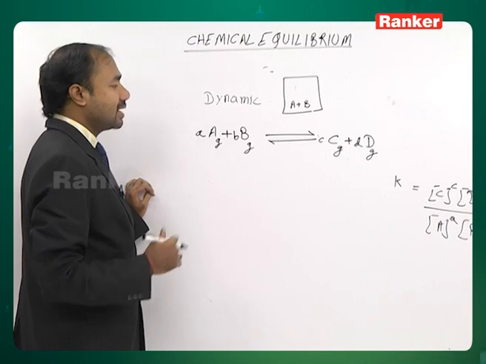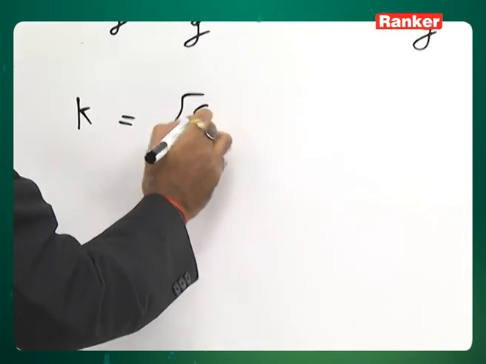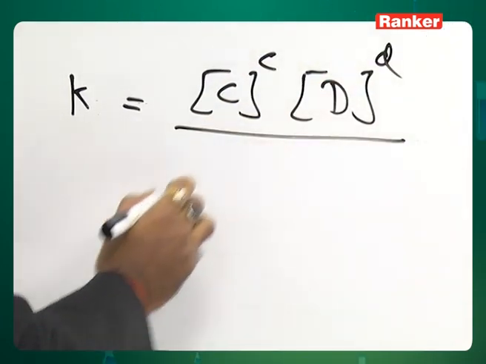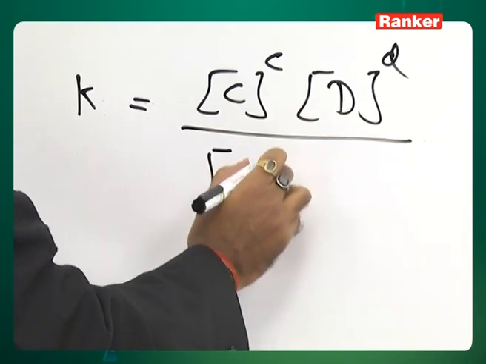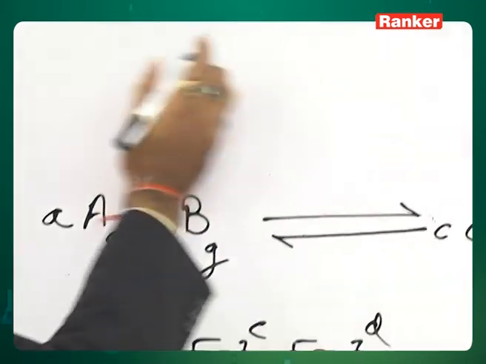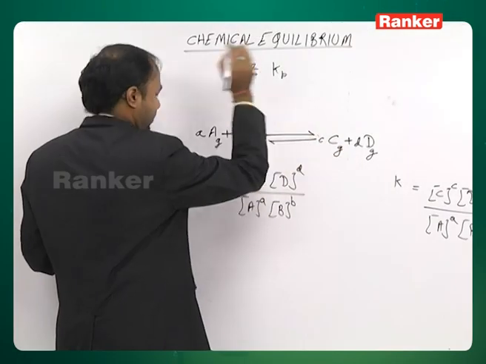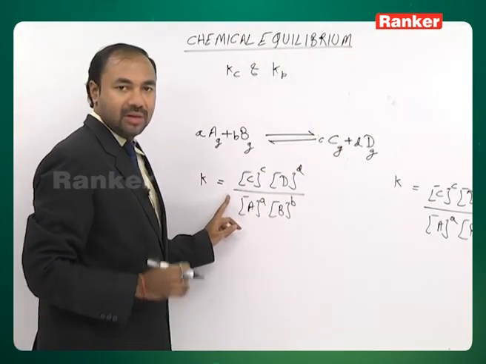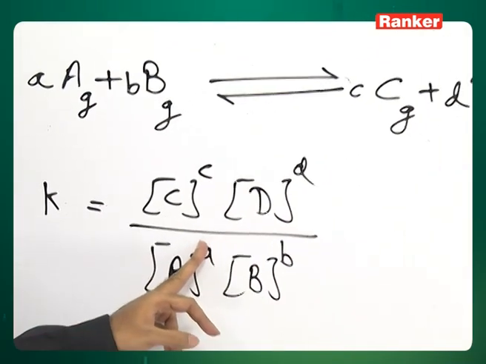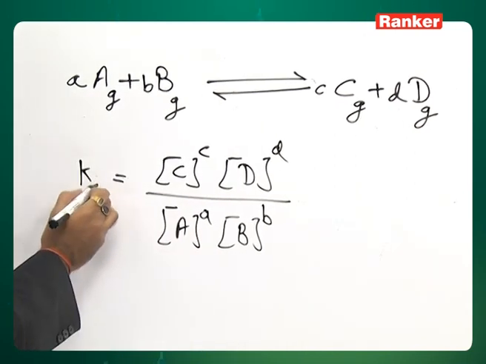If I write their concentrations, then it becomes equal to concentration of C power c into D power d upon A power a and B power b, like this we get here. In this case, if I am writing the equilibrium constant using concentration terms, like in this case we have done, then the equilibrium constant is known as Kc.